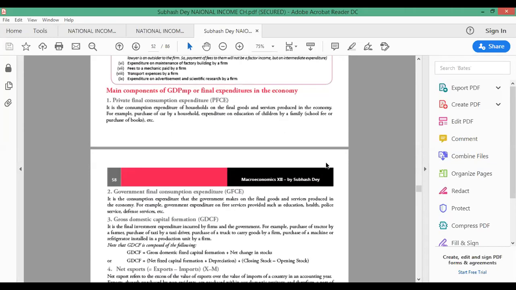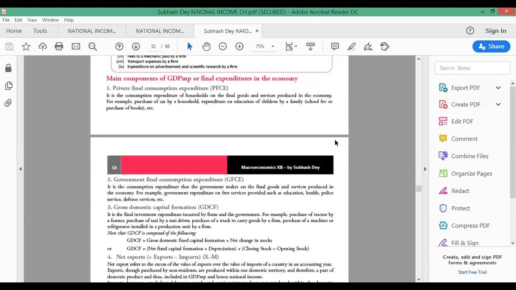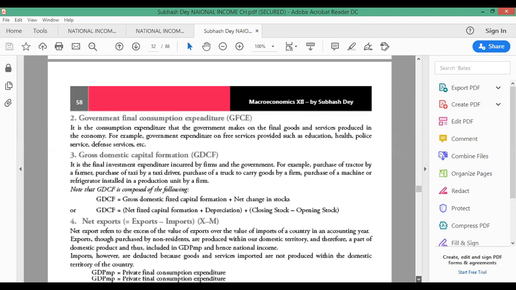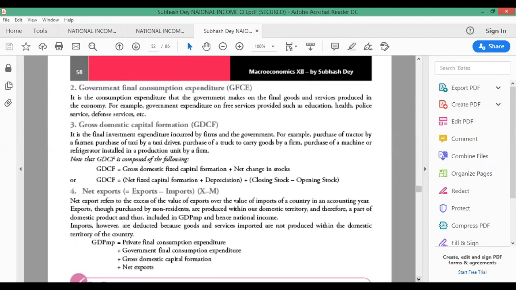So this is the expenditure method, which I have just discussed with you all. Private final consumption expenditure, which I've just told you about, is the expenditure on final goods by persons. Second, we have covered government final consumption expenditure, the expenditure incurred by the government on various goods and services.